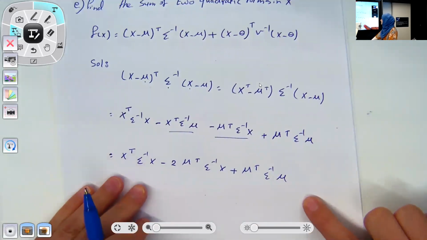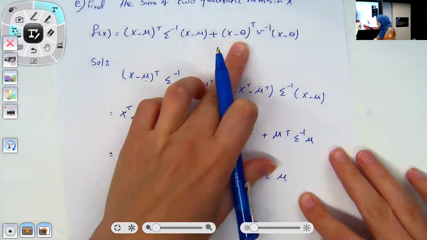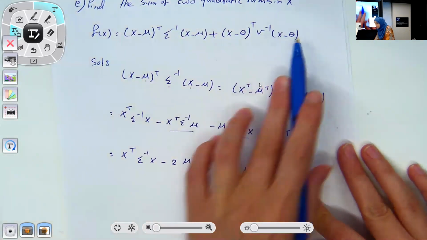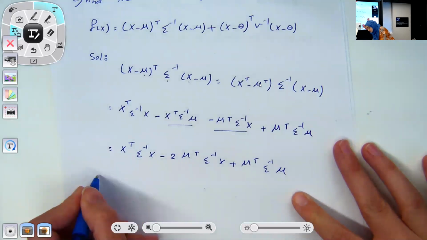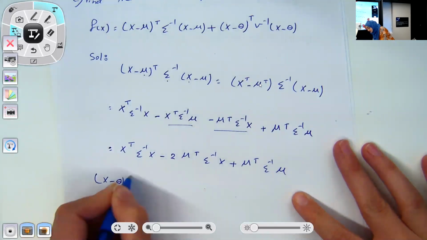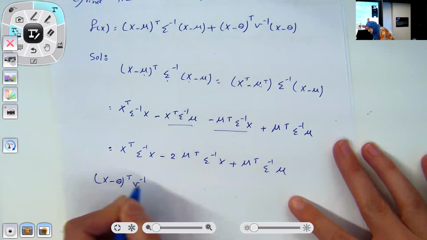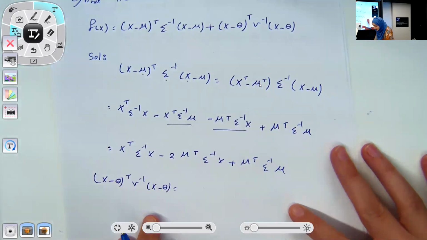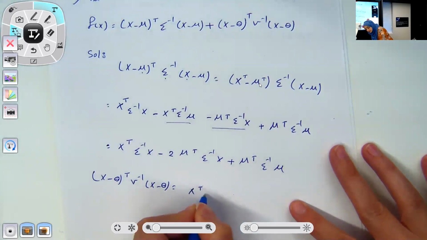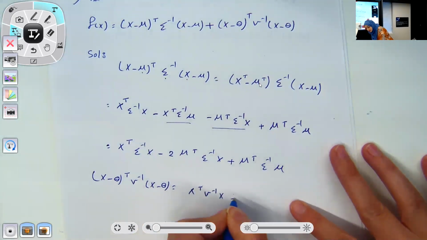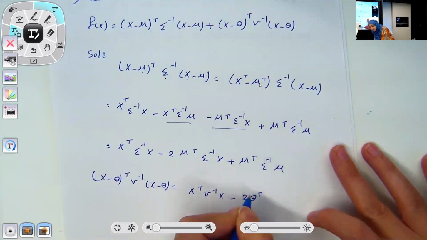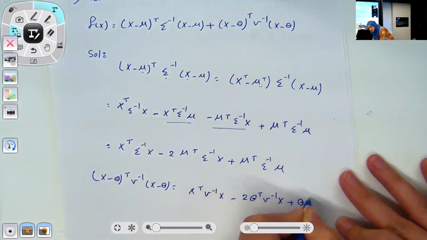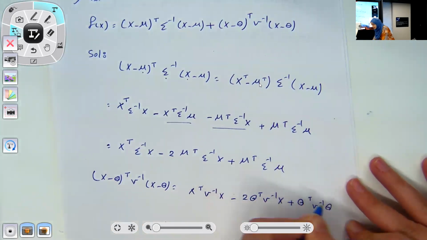We need to follow the same step to expand X minus theta transpose V inverse times X minus theta. This will give you X transpose V inverse X minus 2 theta transpose V inverse X plus theta transpose V inverse theta.